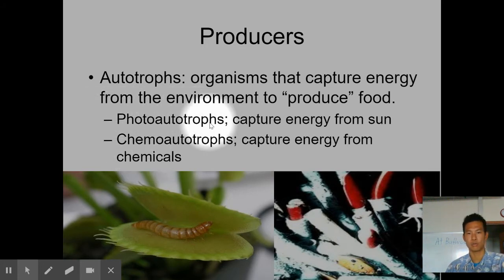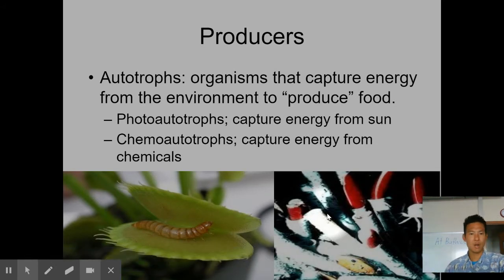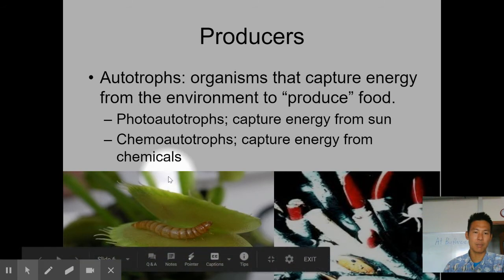Now photoautotrophs, we'll study these in depth. For the examples, I've got a Venus flytrap here for your photoautotroph, and I've got these giant tube worms underwater for your example of a chemoautotroph. The reason I put the Venus flytrap as the example for your photoautotroph is because it's kind of weird.